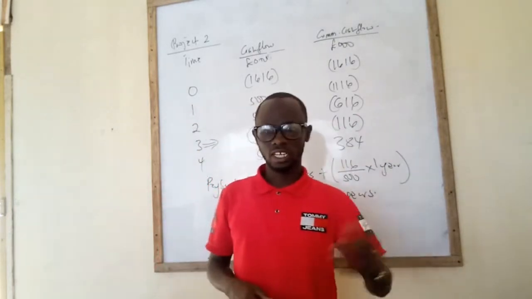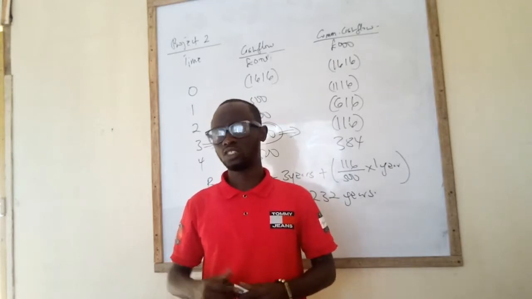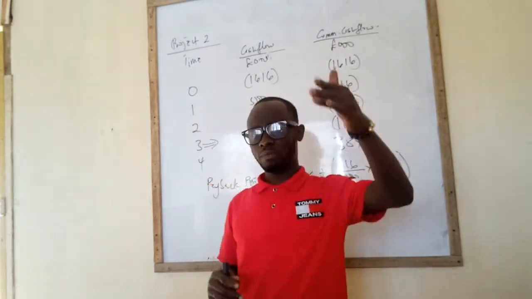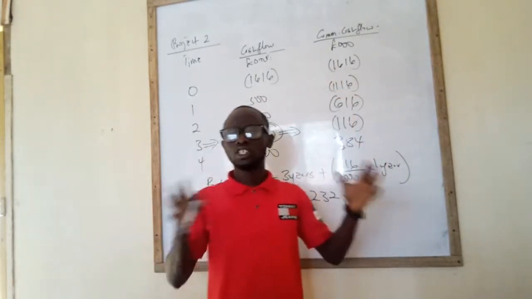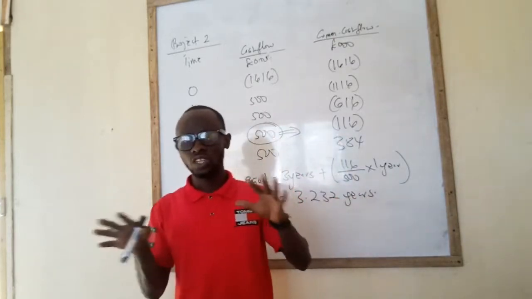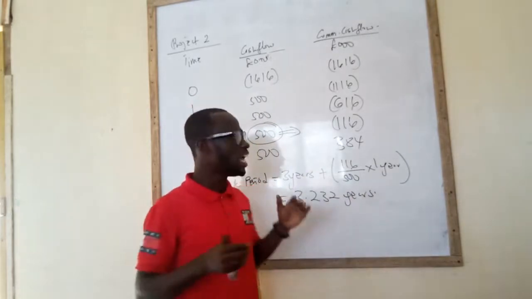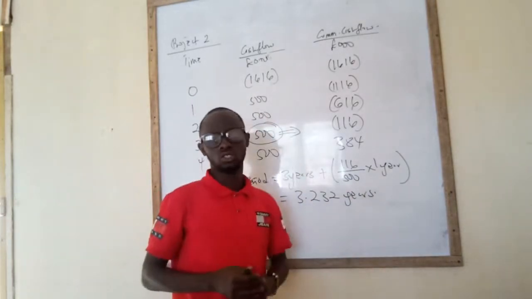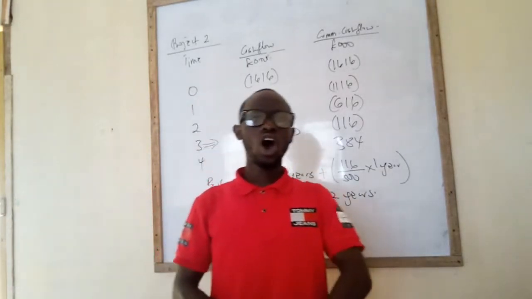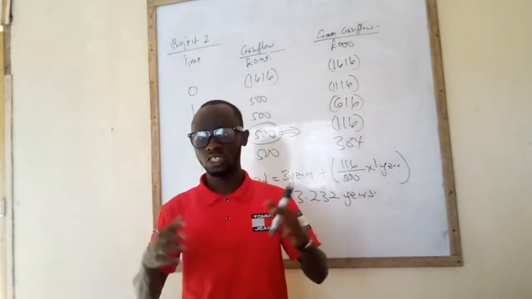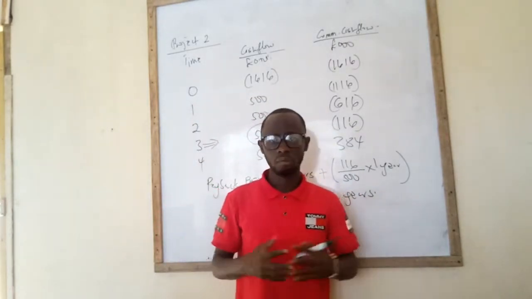What if the market doesn't do well, or what if the market does better than what we have estimated? So the effect of the changes in variables, which is about sensitivity analysis, is not incorporated into the payback period. So all these are some of the limitations that we can discuss when we talk about the payback period.